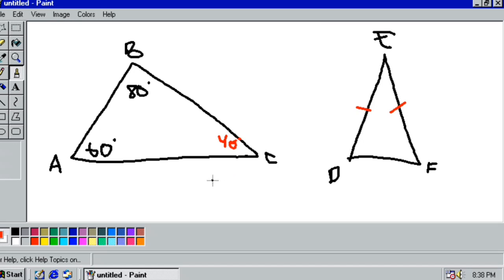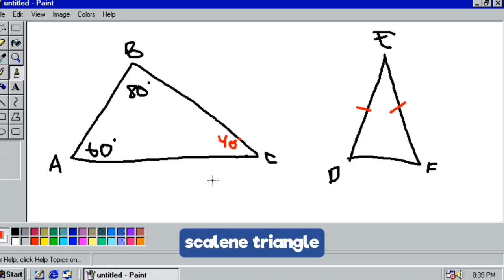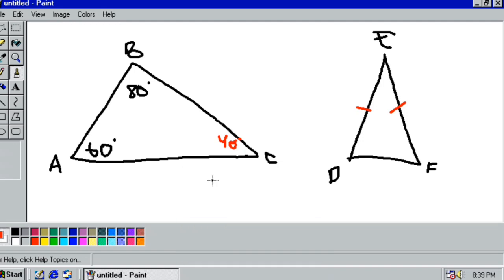In the same figure, all the angles have different measures, so all the sides must have different lengths. If all the sides of a triangle have different lengths, the triangle is called a scalene triangle. Next, the figure on the right has identical ticks, so it marks two sides of a triangle as equal.